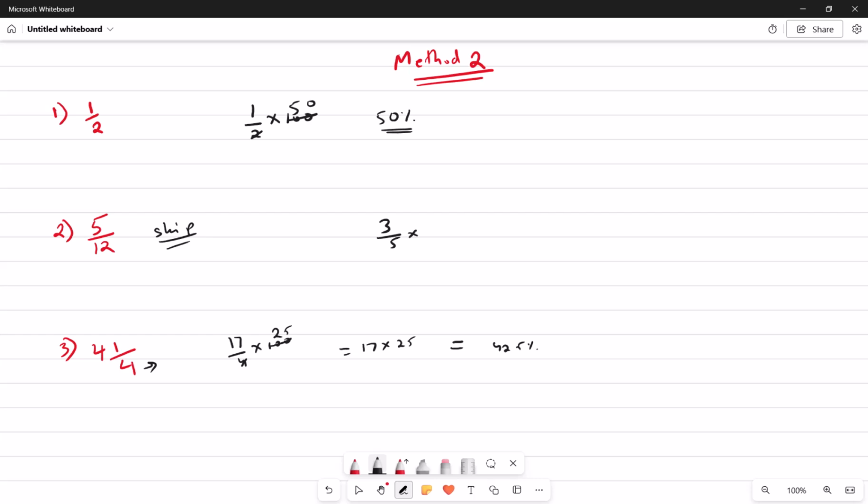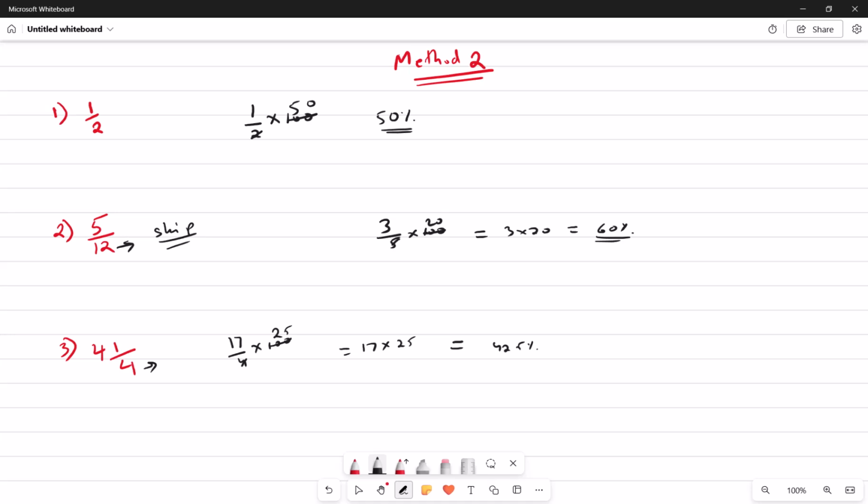So we can just do times 100. 5 times 20 is 100. So this just becomes 3 times 20 equals 60, and we just add the percentage sign. So method 2 is really helpful if the denominator, this number right here, can be multiplied by a number to get 100.